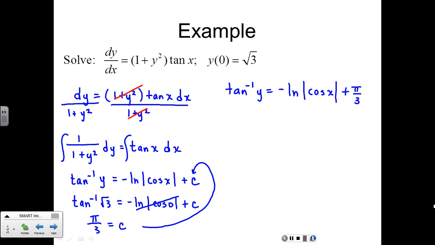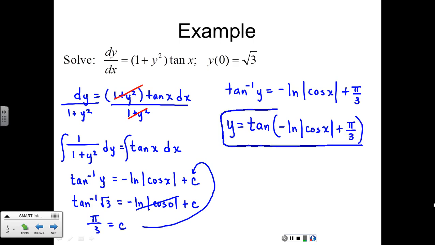So again, to solve that equation for y, I'm just going to take tangent of both sides. And I don't have a C because of my initial value. That's your solution. It's not terrible.